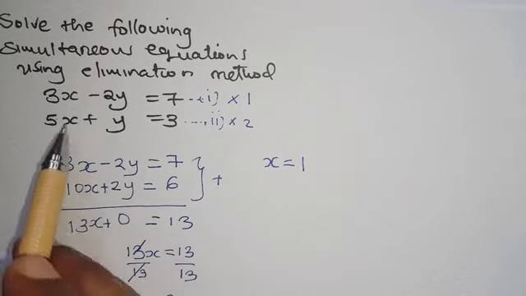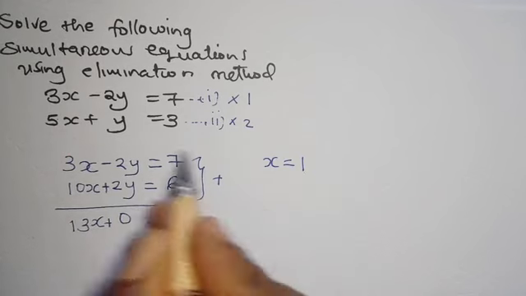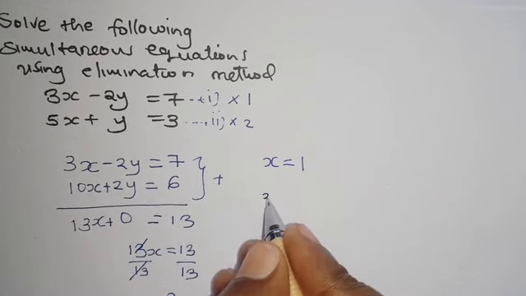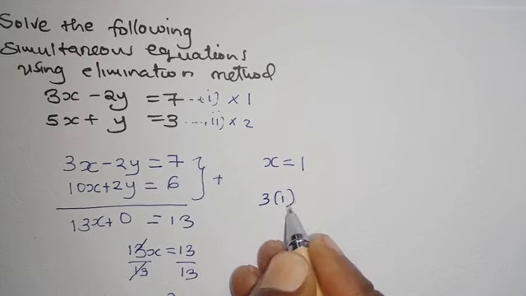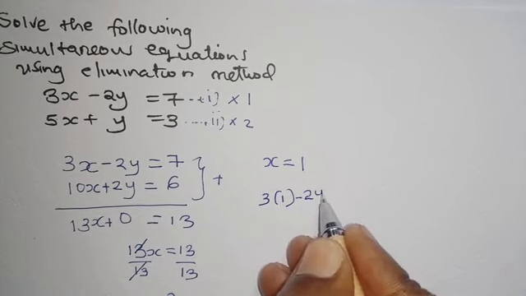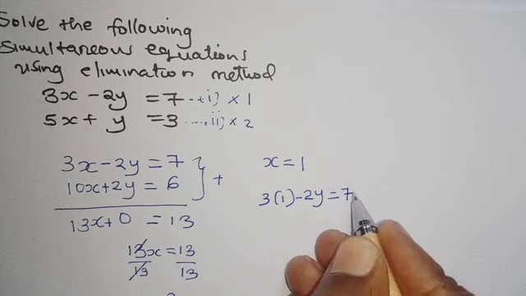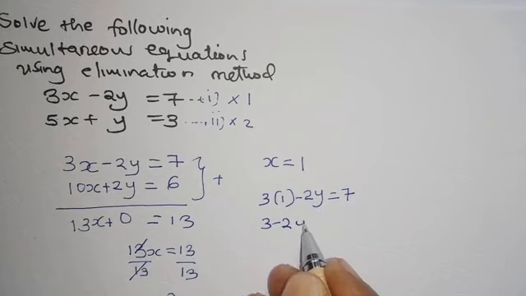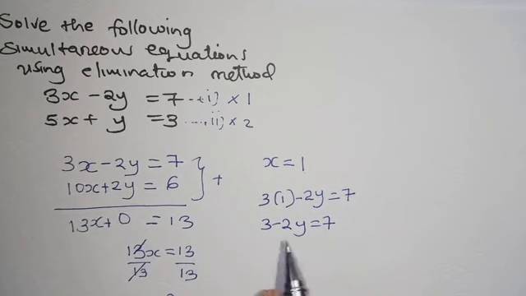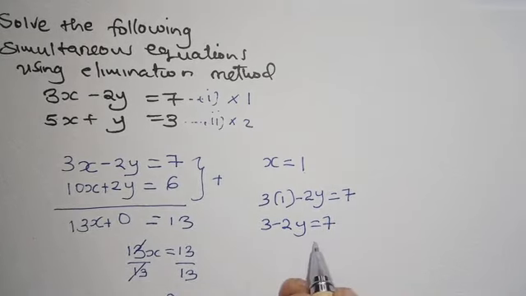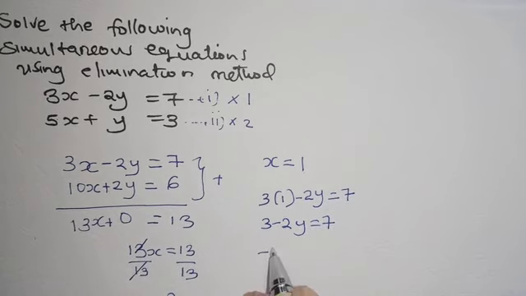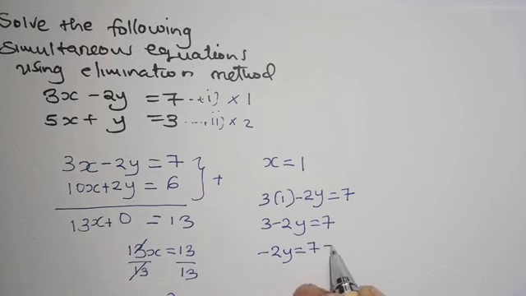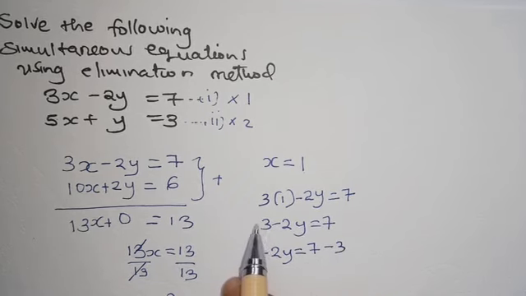In our first equation, if we substitute 1 here, it means we are going to have 3 times 1 minus 2y equals 7. And this one is 3 minus 2y equals 7. Collect like terms: 3 crosses the equal sign, and it becomes negative 2y equals 7 minus 3, because if 3 crosses the equal sign, it becomes negative.